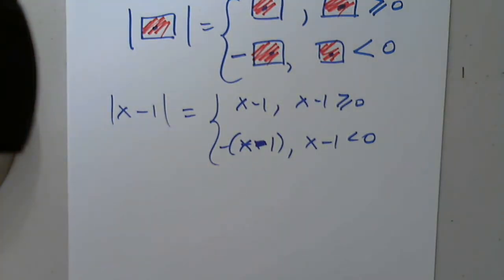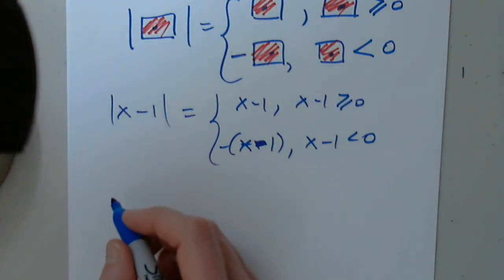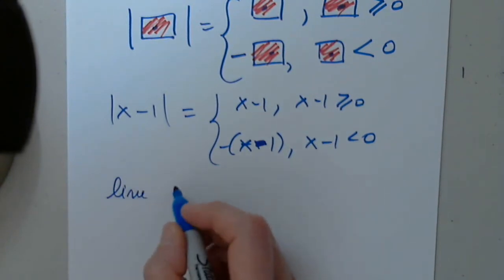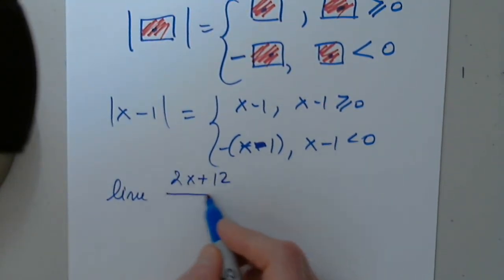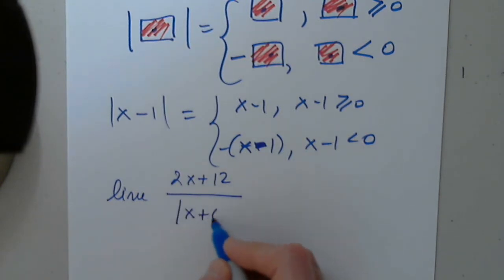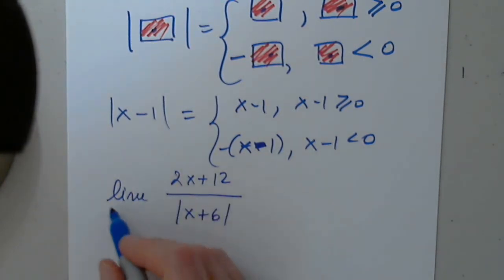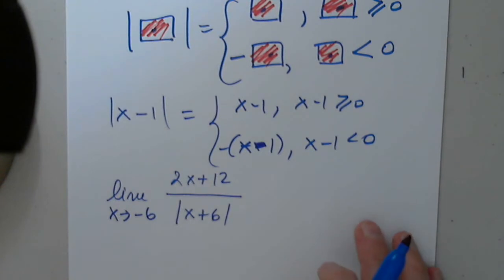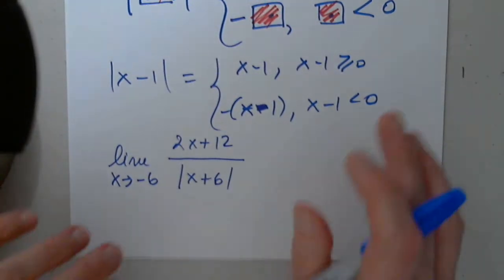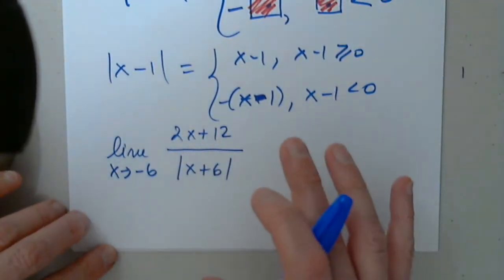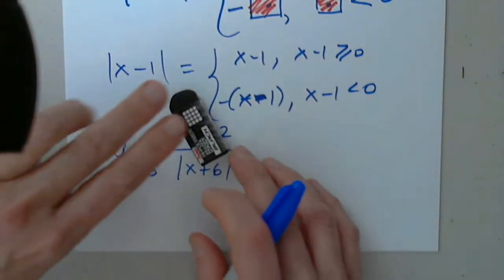And now, for example, here's a limit of 2x plus 12 over the absolute value of x plus 6 as x approaches negative 6. I have no clue what this is. So I don't care about this limit yet.